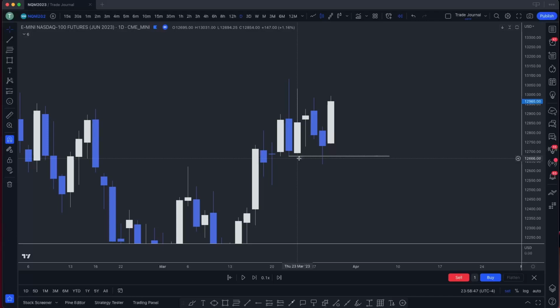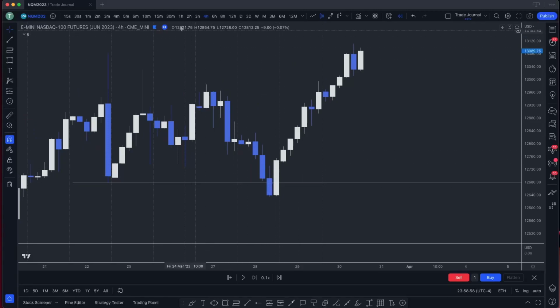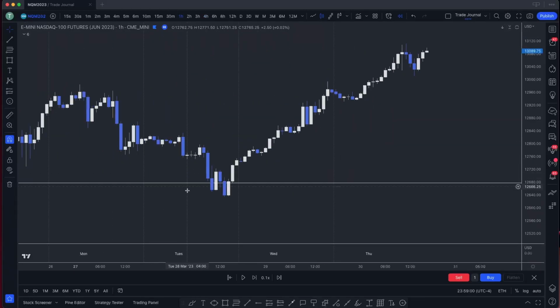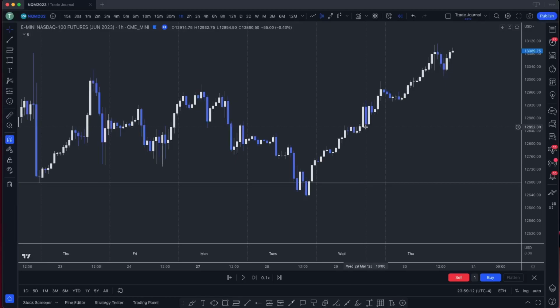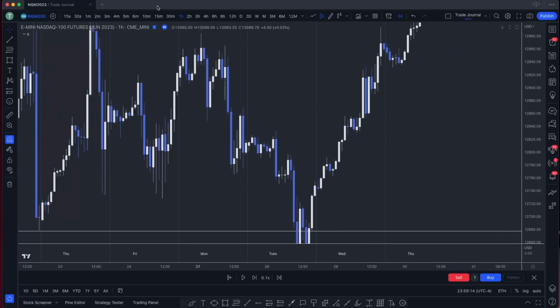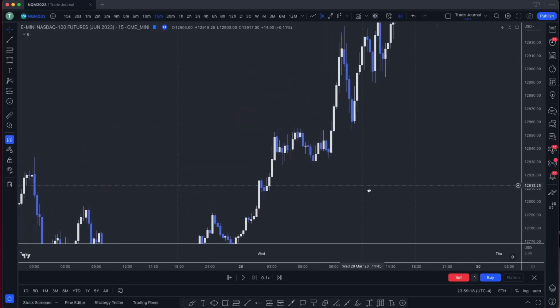Now, unfortunately, NASDAQ did not cooperate. Once it came, I wanted to buy after it started turning around here, but it didn't offer any retest, which is what it does sometimes. Well, this was actually not in the time where I'd be looking to trade, so that was one thing. It happened at the end of the day. And then on this day, there was a trade, but it didn't happen when I wanted to see it.